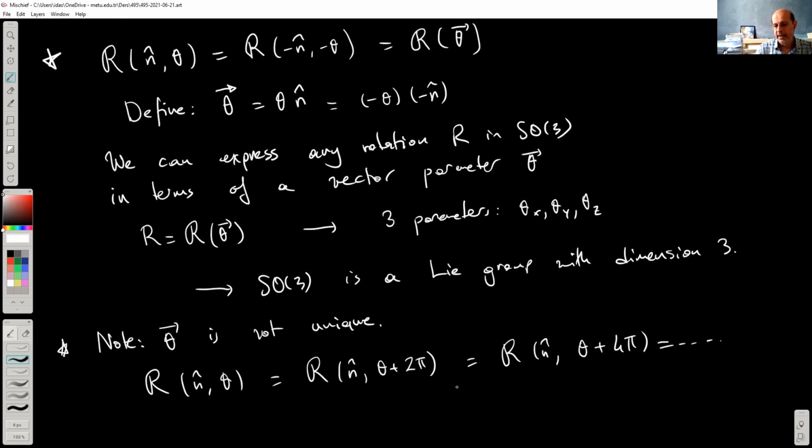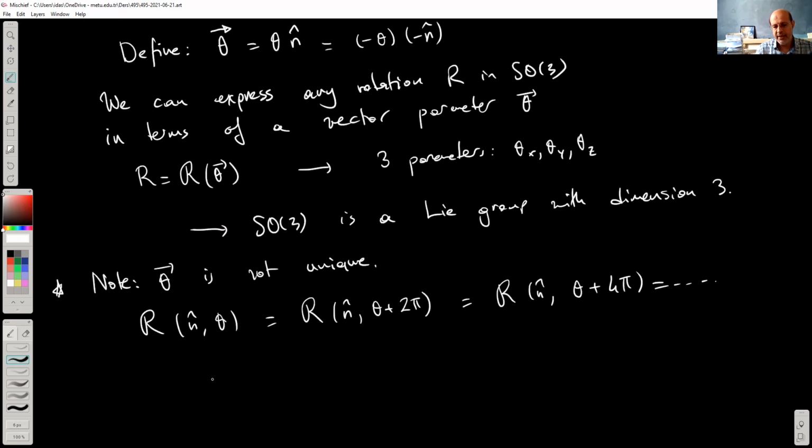So for the same rotation R, I can use a theta vector, which is theta n, or I can use a theta vector, which is theta plus 2 pi n, and so on. If I parameterize the rotation by a vector, I find infinitely many vectors in there. That's some kind of a problem.